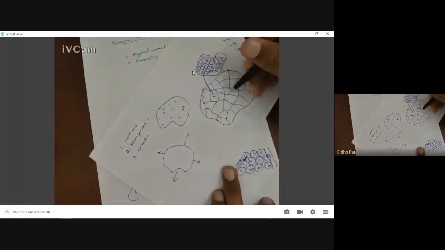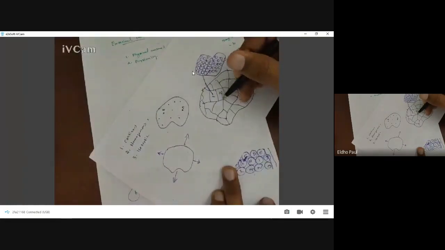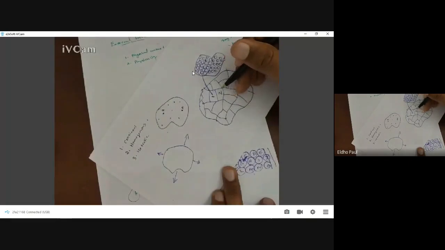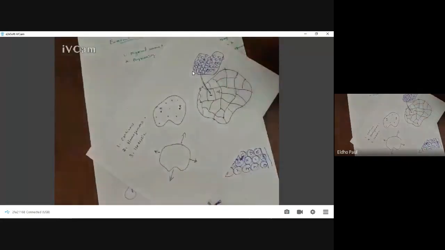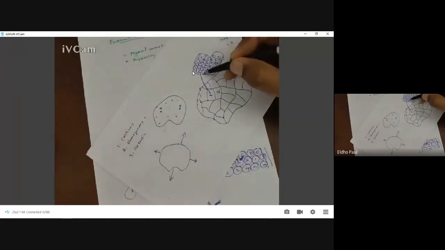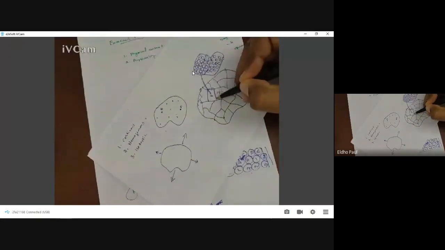So, different orientation or different direction atomic arrangements constitute a particular grain. Every grain has a different orientation, and differently oriented crystals are separated by a grain boundary. This is called a grain boundary.